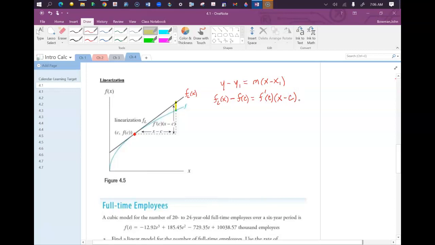And that's the equation of our line. We're going to solve for FL of x. FL of x is equal to f prime of c times x minus c plus f of c.